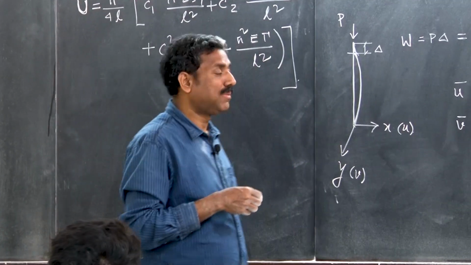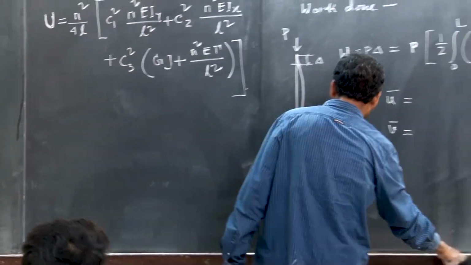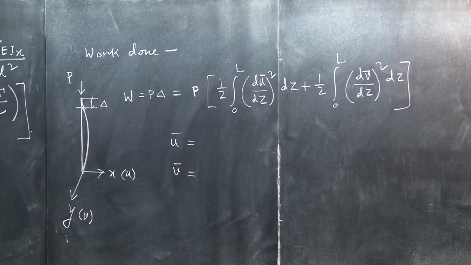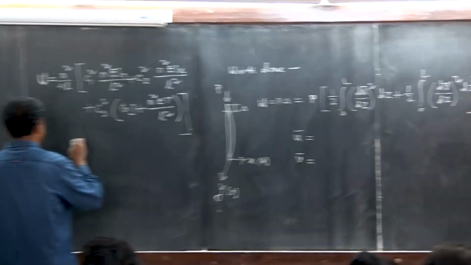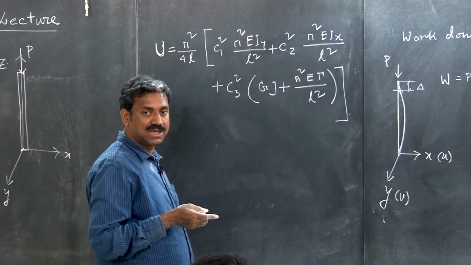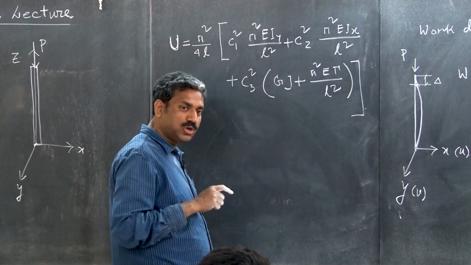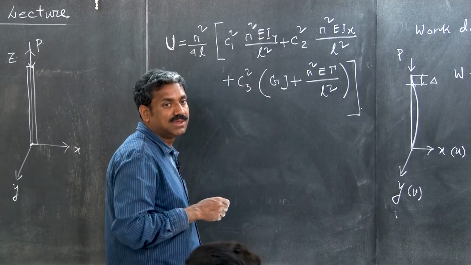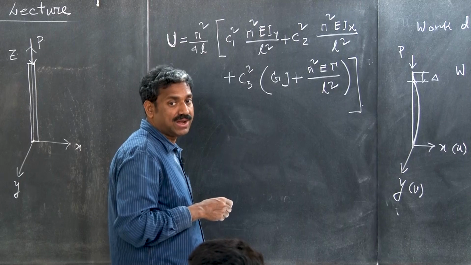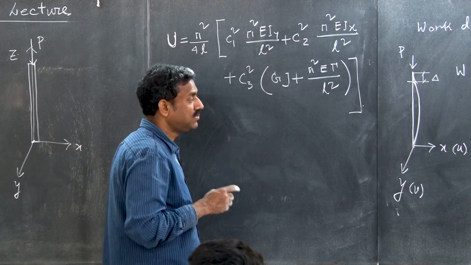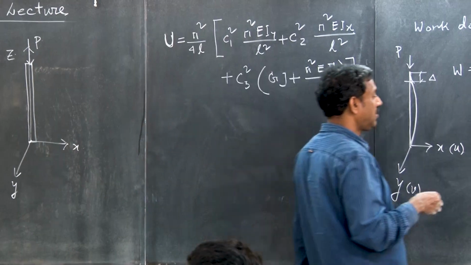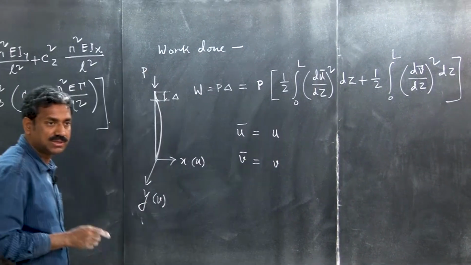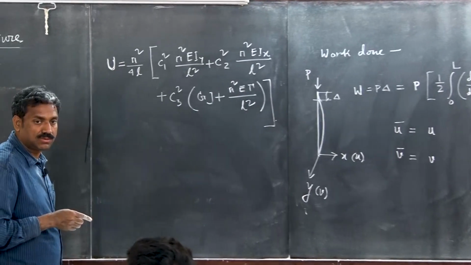But here another thing comes into the picture, that you please note down. The section is also undergoing twist. Because of twist, there will be some additional U and V. U and V will be modified. That's why U bar, V bar. So there will be an additional thing with U and V. I am just going to explain how that is.